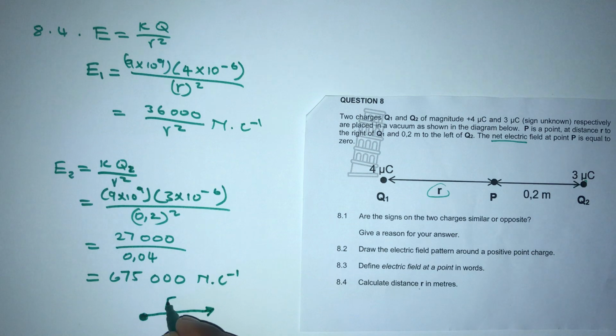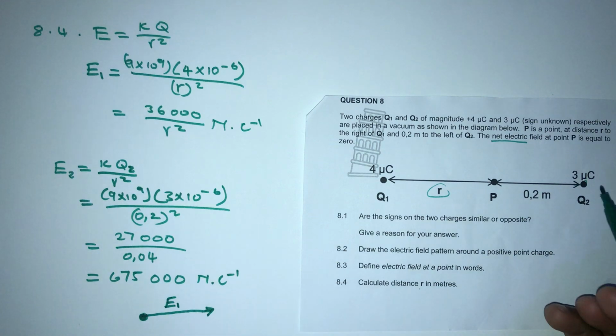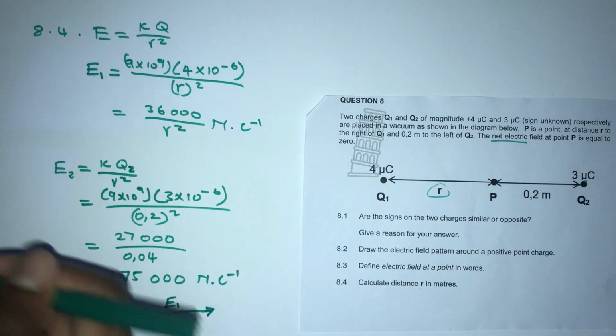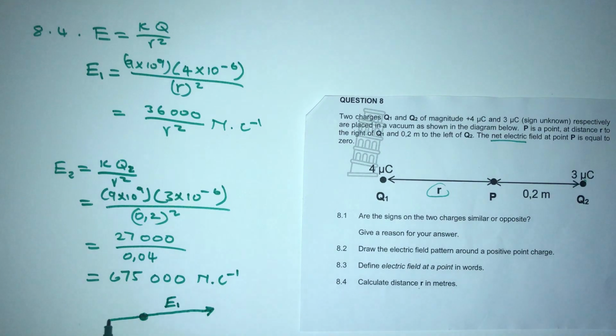So this is the electric field of Q1 on P. And this one now is going to push P to the left. This is the electric field of Q2 on P.